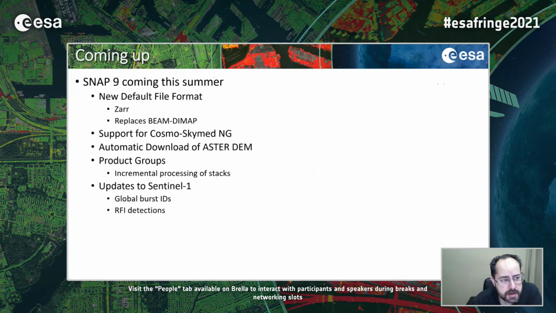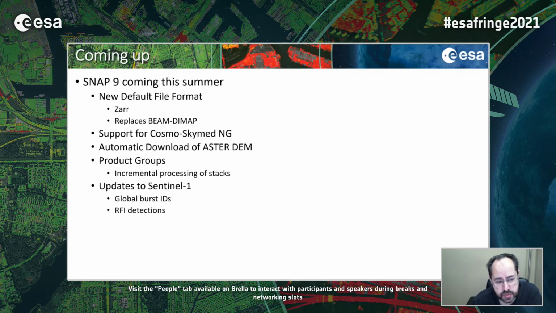So coming up, we have SNAP 9 to be released sometime this summer. We're going to have a new default file format, Zarr, and this is going to replace the BEAM-DIMAP. We're also going to be supporting the COSMO-SkyMed Second Generation, updates to the DEMs, automatic downloads for ASTER.